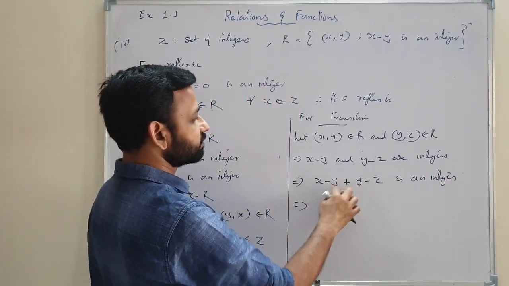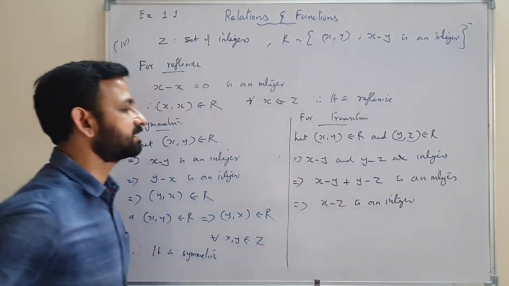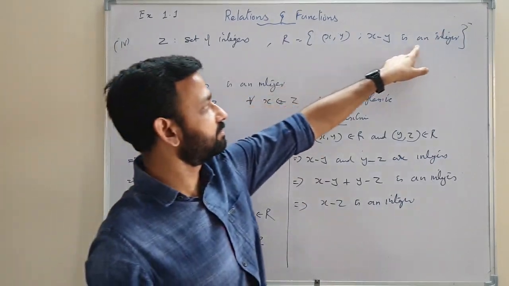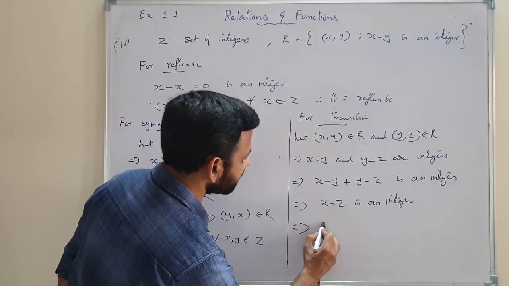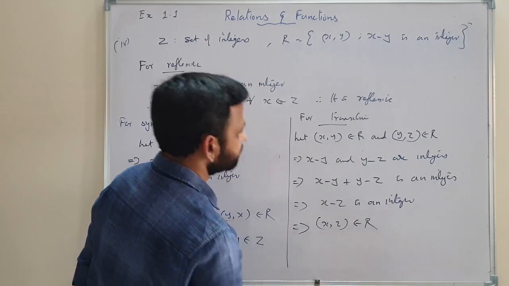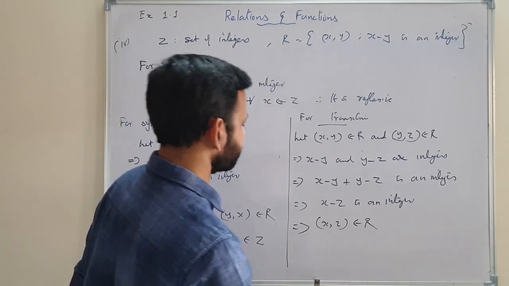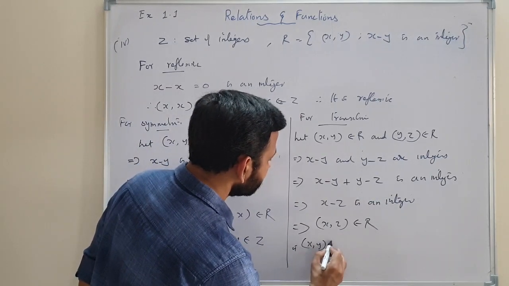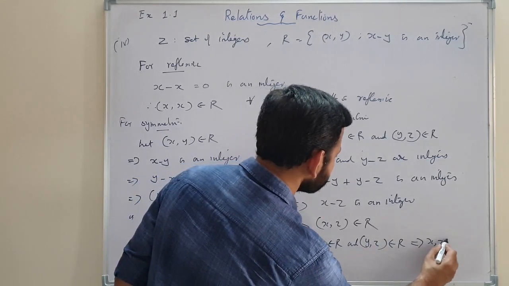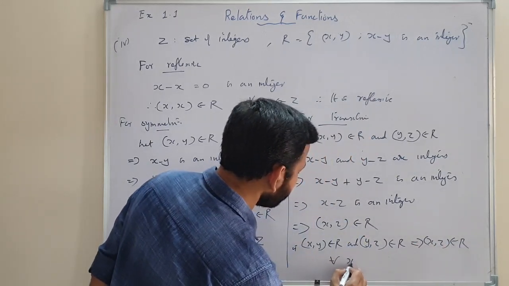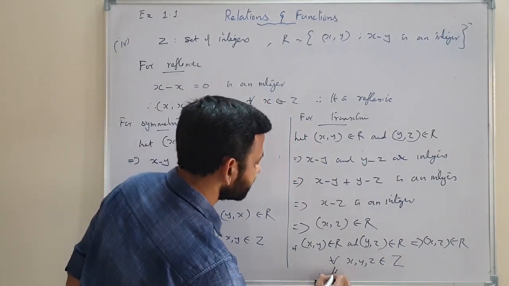Minus y and plus y cancel, that is x minus z is an integer. If x minus z is an integer, then (x, z) belongs to R. That is, (x, y) belongs to R and (y, z) belongs to R implies (x, z) belongs to R for every x, y, z belongs to the set of integers Z. Therefore, it is transitive.